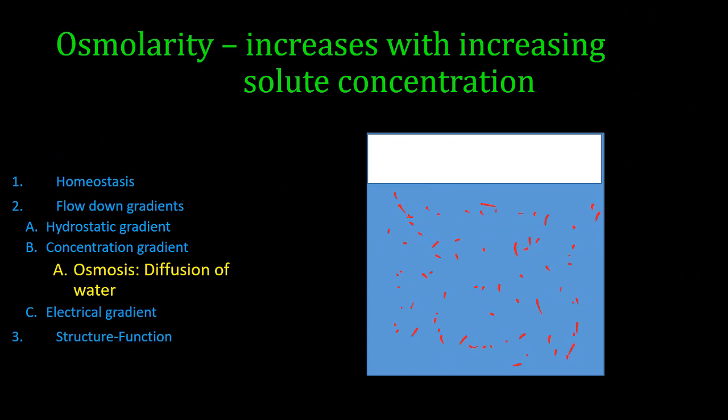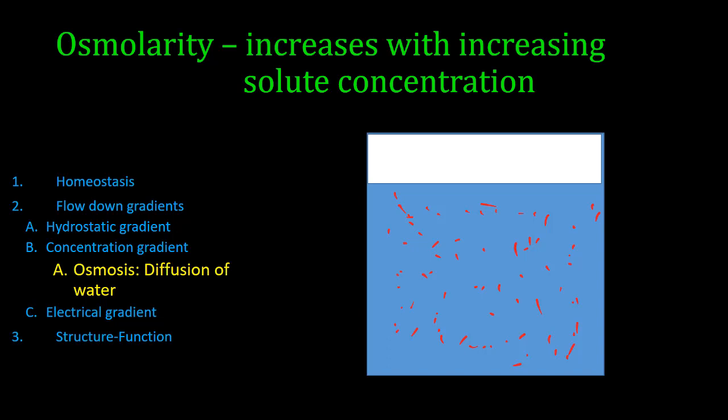Okay, let's talk about the terms osmolarity and tonicity. Osmolarity refers to the amount of osmotic pressure a solution would exert. A solution with a greater concentration of solutes will exert more osmotic pressure than one with fewer. So osmolarity refers specifically to the number of particles dissolved in a solution.